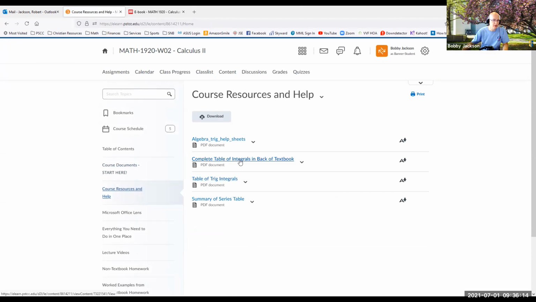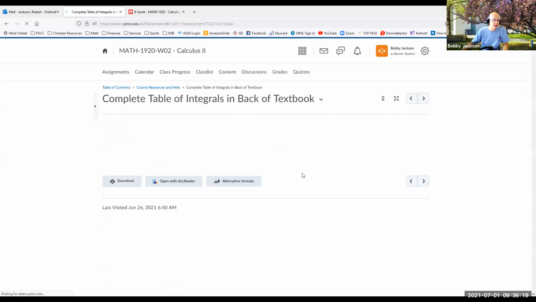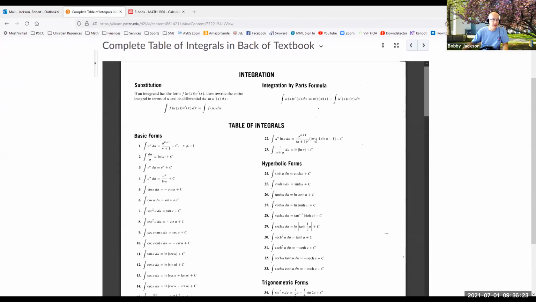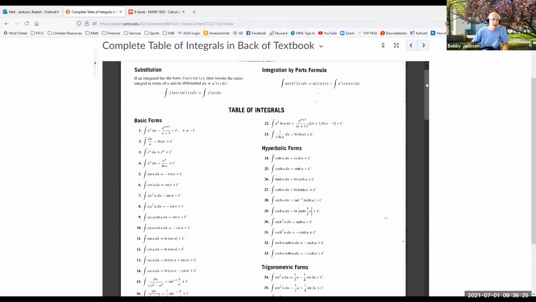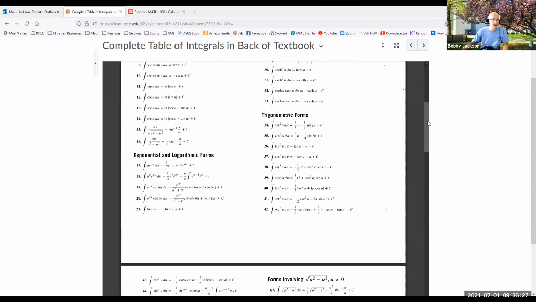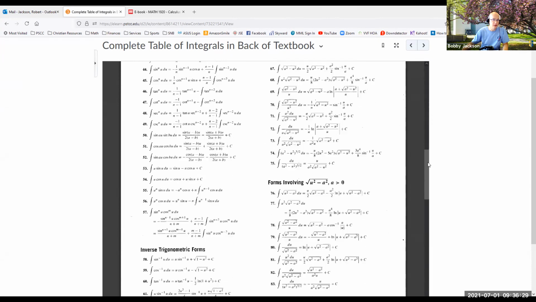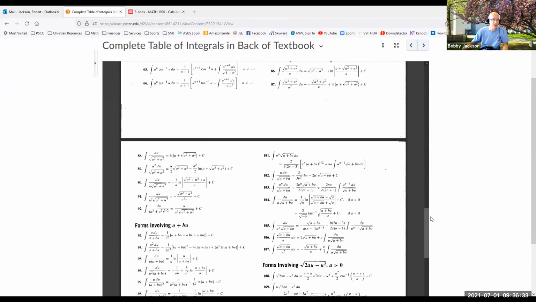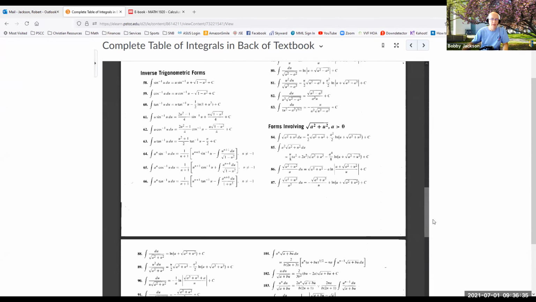The complete table that is in the textbook is here. If you actually have the textbook, then this might be like an insert that you can actually pull out. But this has all the integrals. And so this, or a portion of this, will be given on the test when I ask you to evaluate an integral using the tables. Okay, so let's see how this works then in this particular problem.